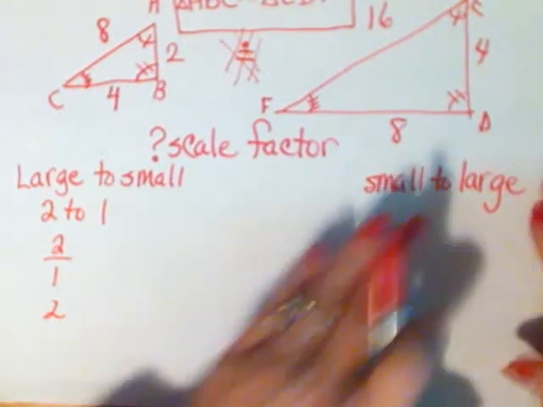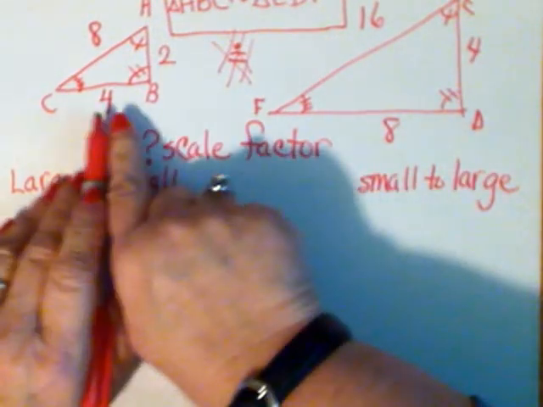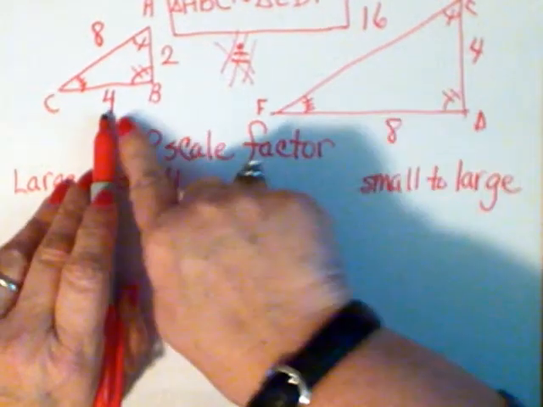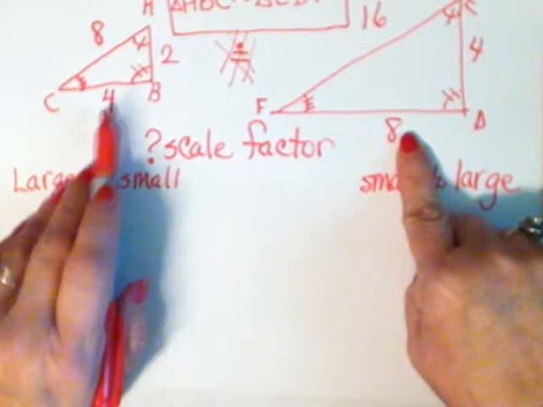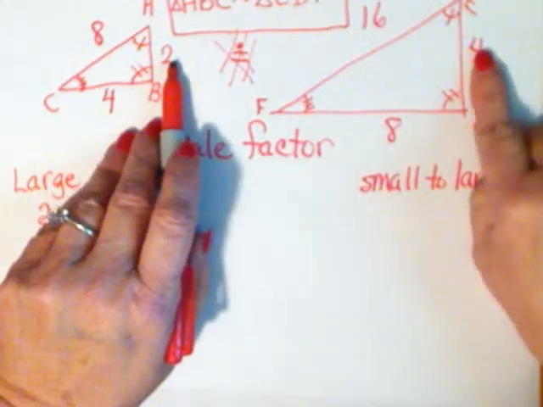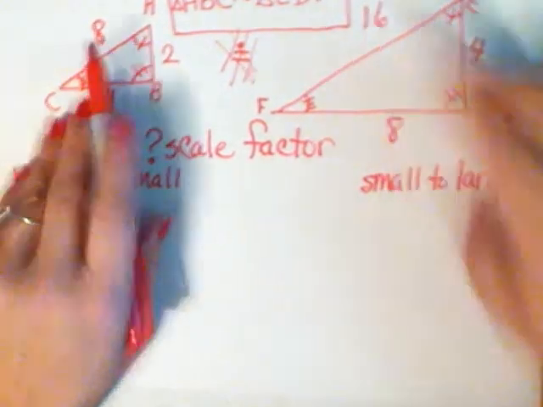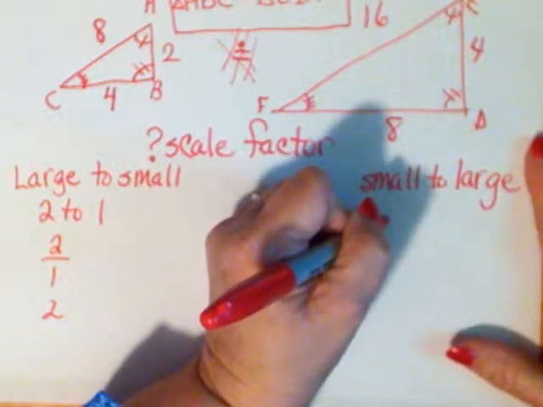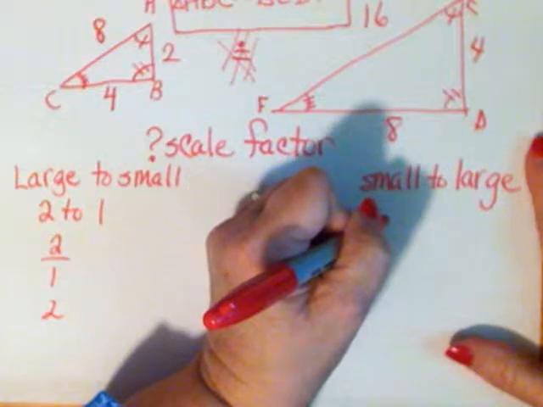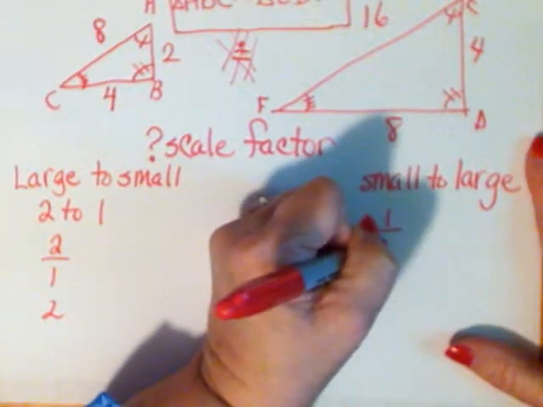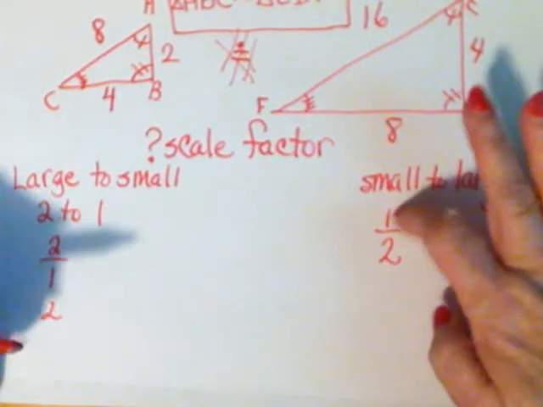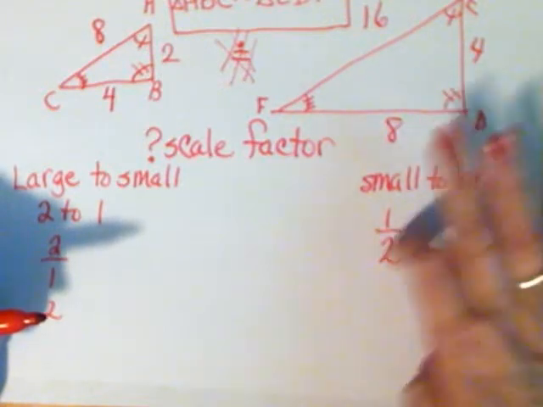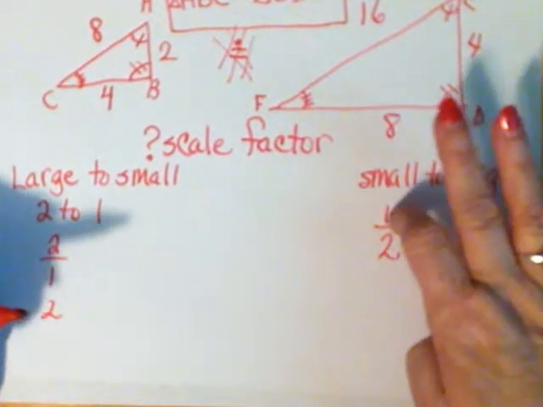Now if I look at small to large, what do I do from small to get to large? 4 times 2 is 8, 2 times 2 is 4, 8 times 2 is 16. So small to large is 1/2. In other words, large is twice as big as small.